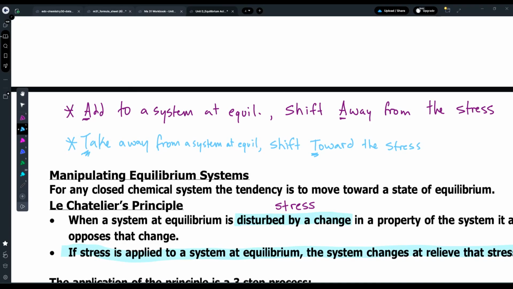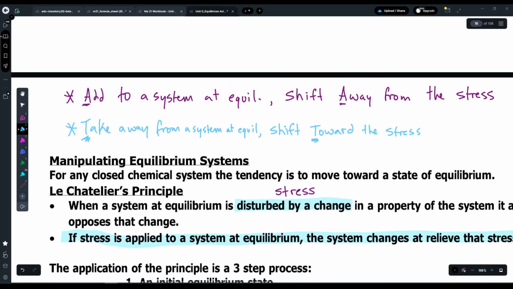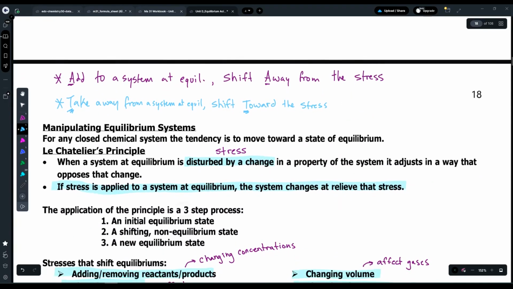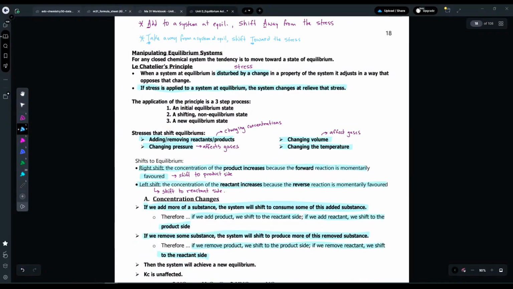So for this one, you could think take away, towards. Emphasis on the T in both words there. I just need to draw little arrows to connect these two here.